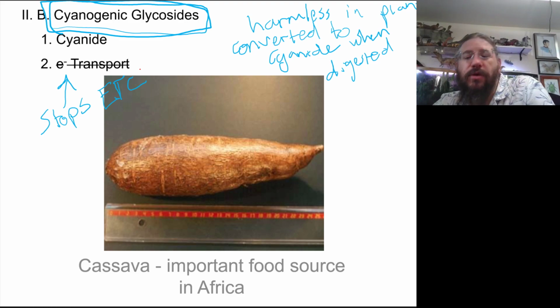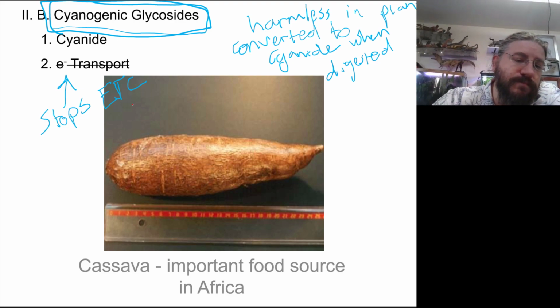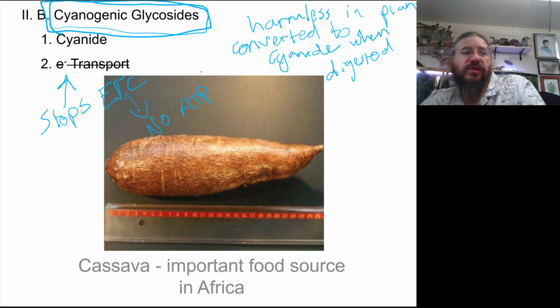And let me tell you, your cells run through ATP real fast. And if it stops the electron transport chain, it stops ATP production. So cyanide shuts down ATP production and thus shuts down organs real fast because cells run through ATP on hand real fast, right?